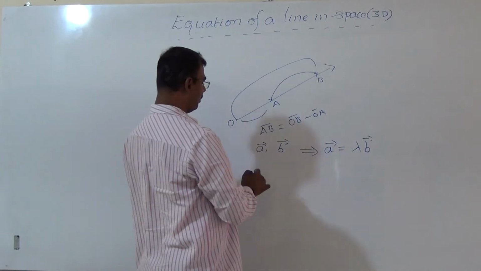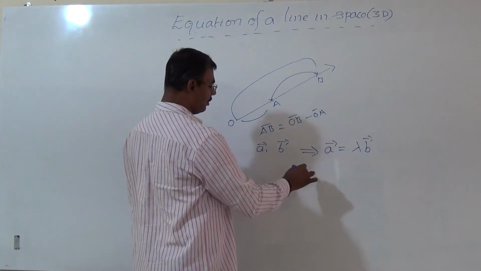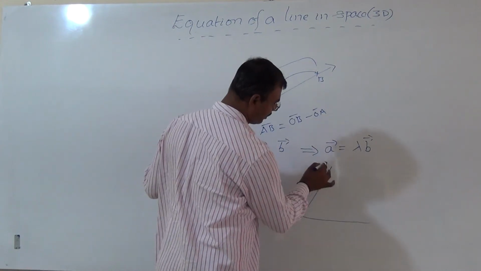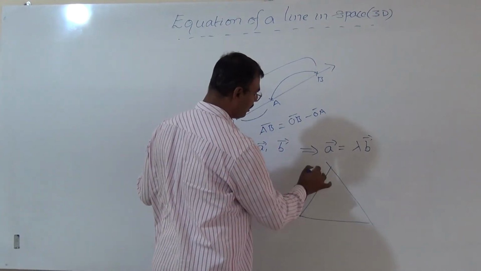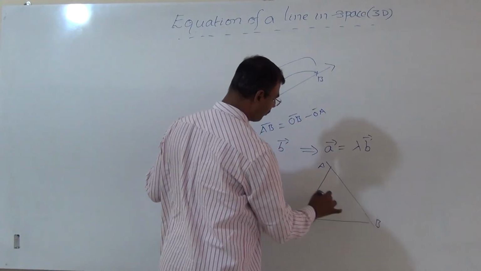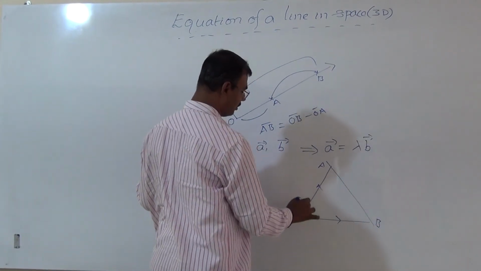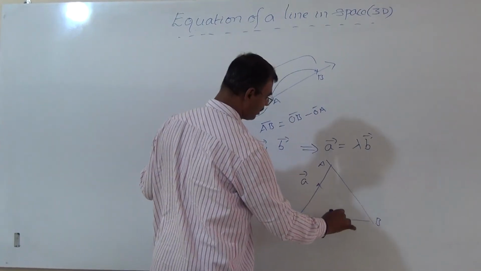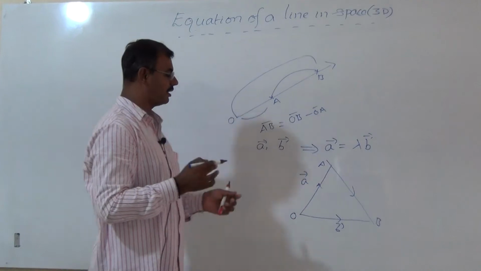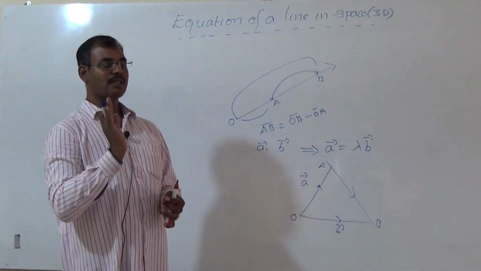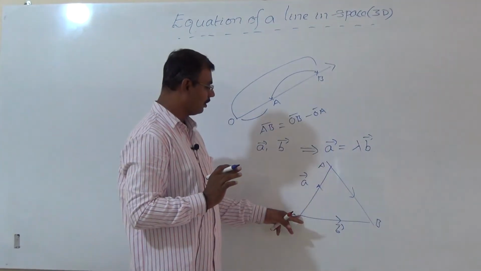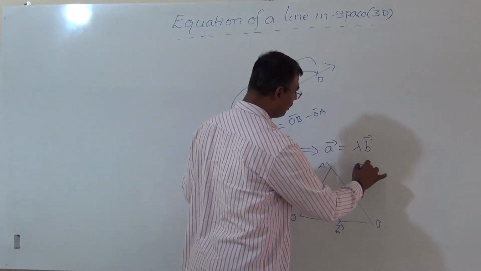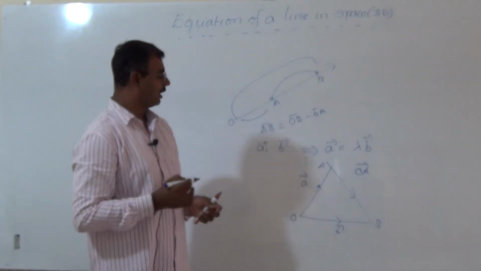And next thing, addition of two vectors. So let us take OAB. Let OA vector be A bar, OB vector be B bar. In addition of two vectors, direction must be followed. So triangle of two vectors.